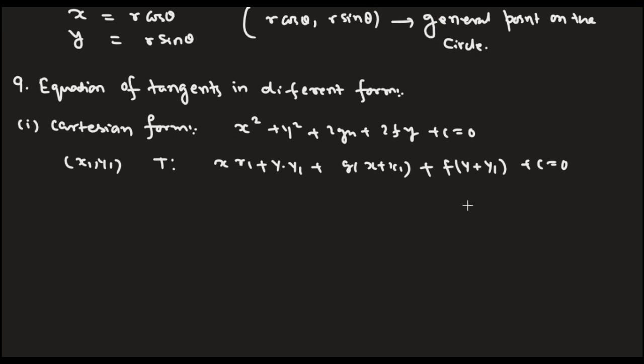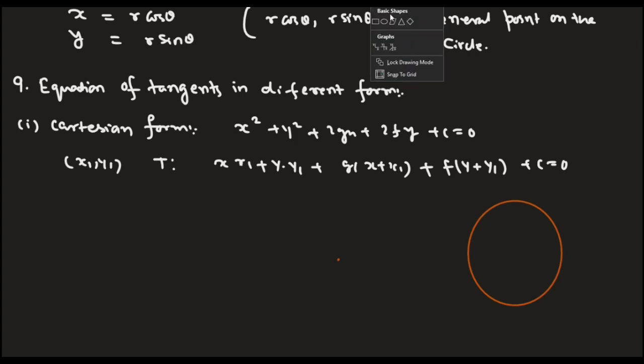So I am taking one circle here, and I want to draw one tangent. The tangent will look like this. This is the tangent to this circle.